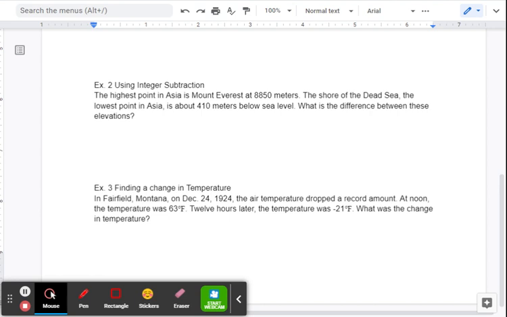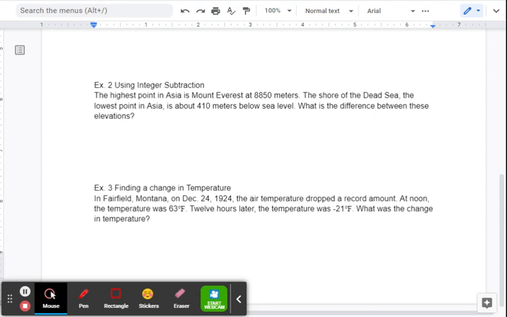What is the difference between these elevations? What operation are we doing if we're finding the difference, Brielle? We're subtracting. So we know we have 8,850 meters minus 410. But it's below sea level, so it's a negative 410.